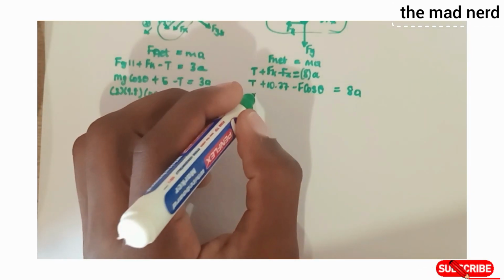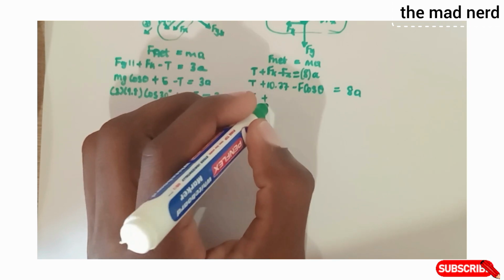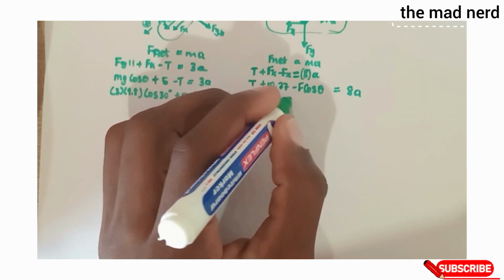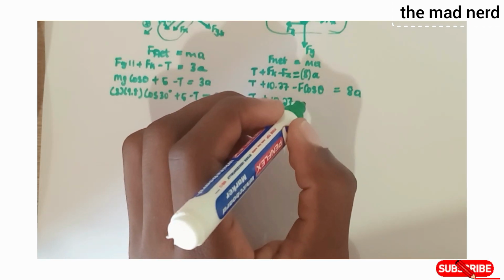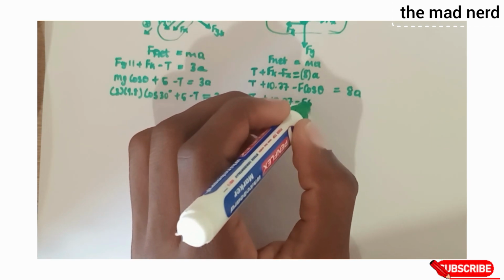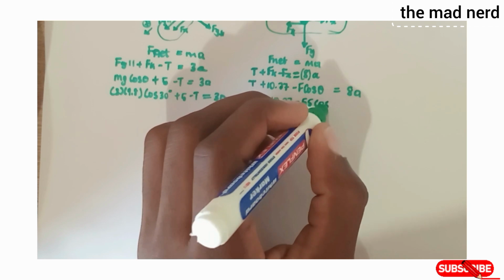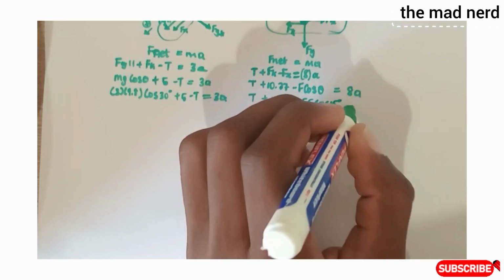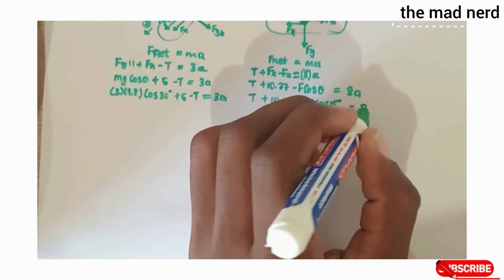And we say over here now T plus 10.27 and minus, let's find F there, it is 55, and then cos 15 degrees, and this equals 8A.